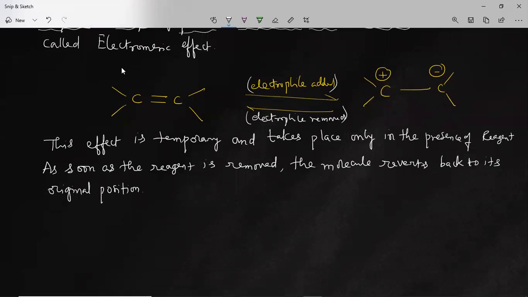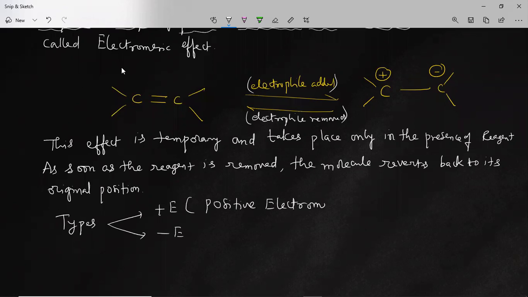In this electromeric effect, two types are there. It is positive electromeric effect and negative electromeric effect. What are the types here? Positive electromeric effect, negative electromeric effect. Two things are there. E plus stands for positive electromeric effect.